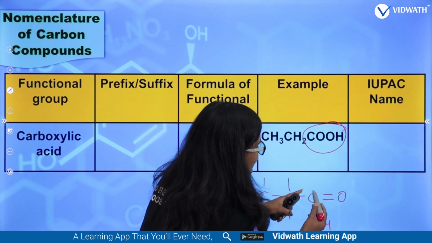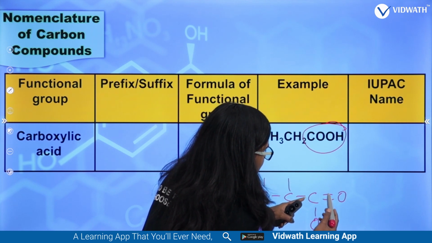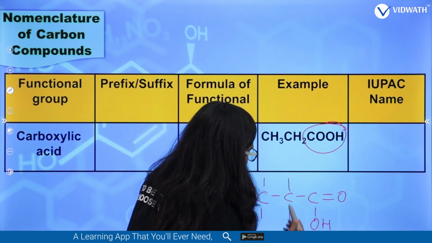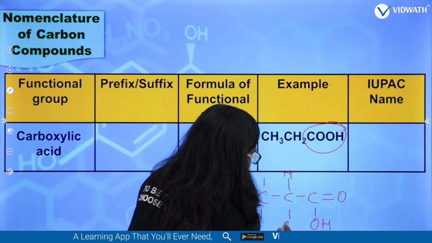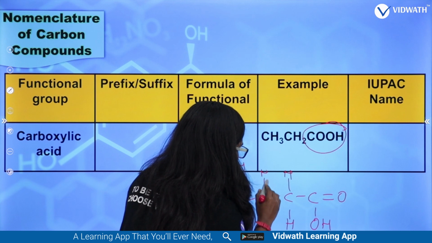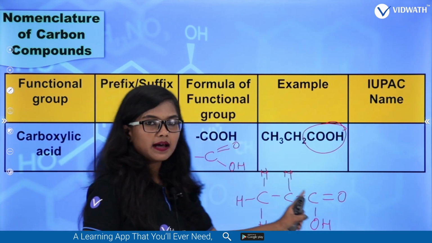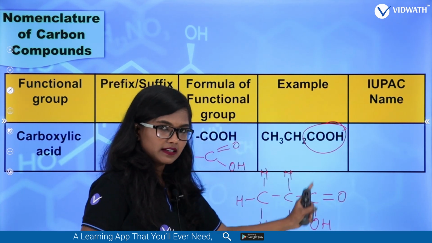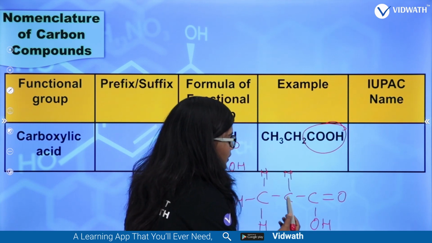You can see here this carbon is satisfied with the 4 bonds, 1, 2, 3, 4, and this is also satisfied with 4. The remaining will be attached with the carbon. So the number of carbon atoms is 1, 2, 3.